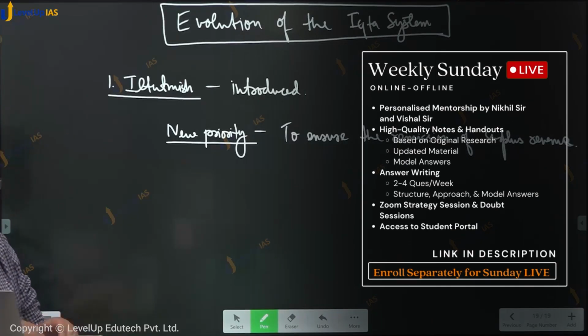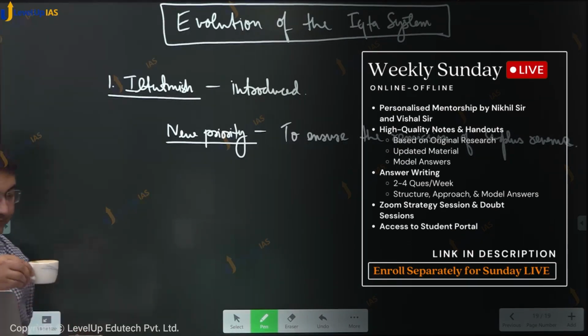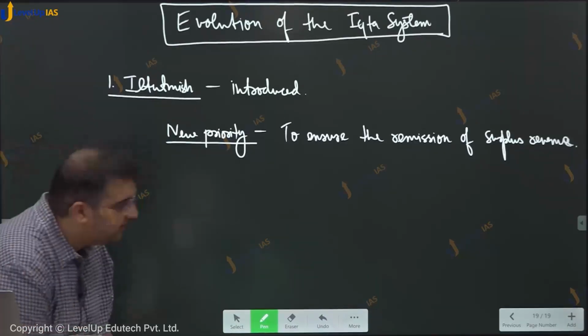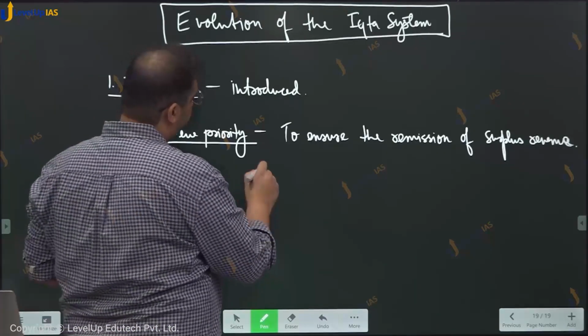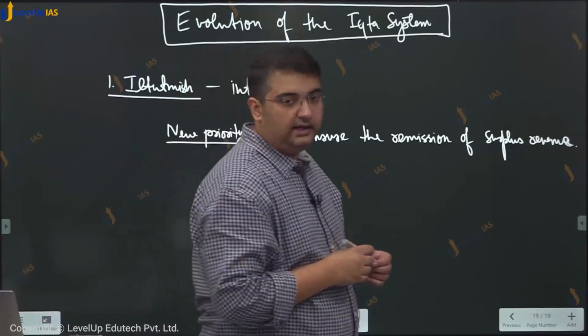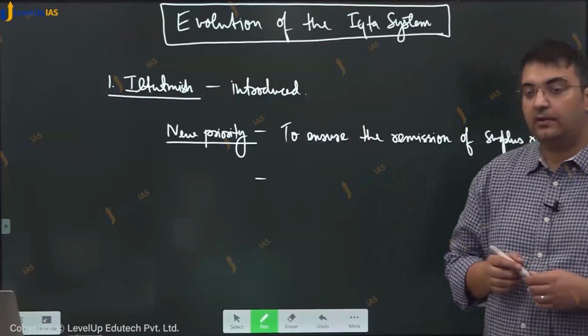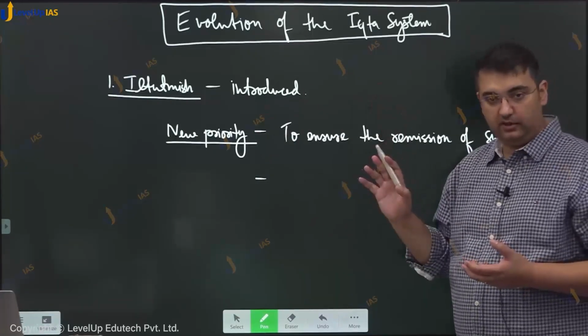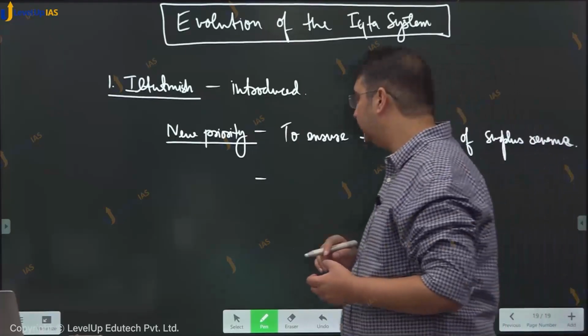Through the instrument of fawazil. Right? And from this period onward, all the ambitious sultans are going to come up with innovative new ways to fulfill this new priority, to solve this new problem.